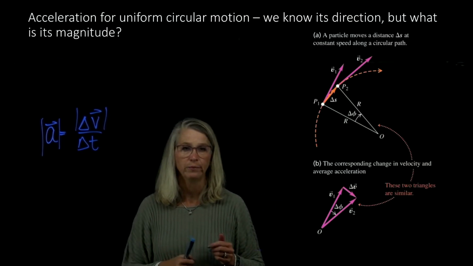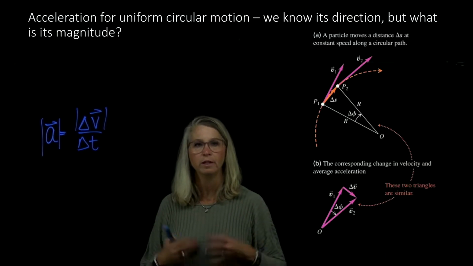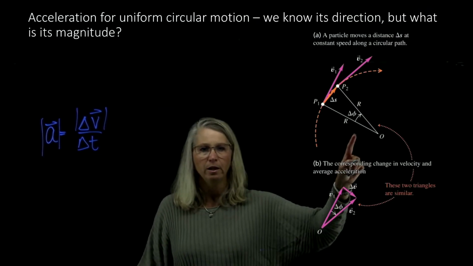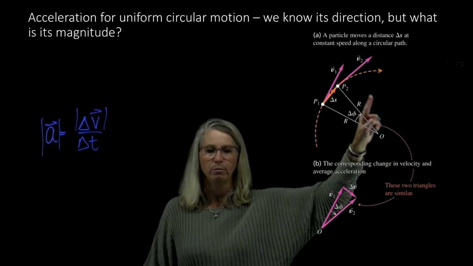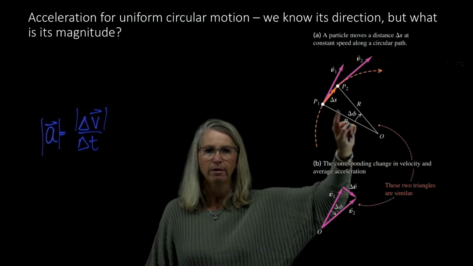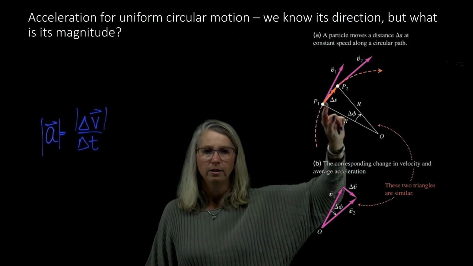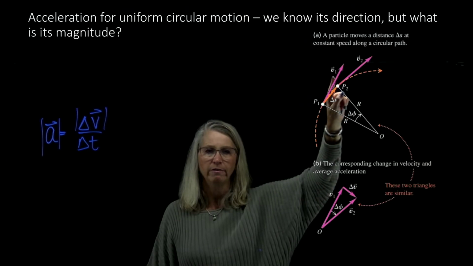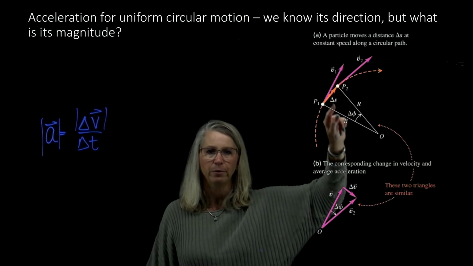This picture looks slightly different, but it still has the same type of information in it. Up here the orange dotted line represents a portion of the circular path, and we've allowed the object to move for a small amount of time, delta t. So we have the first velocity vector and the second velocity vector.